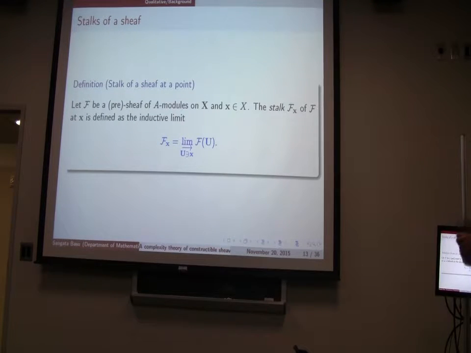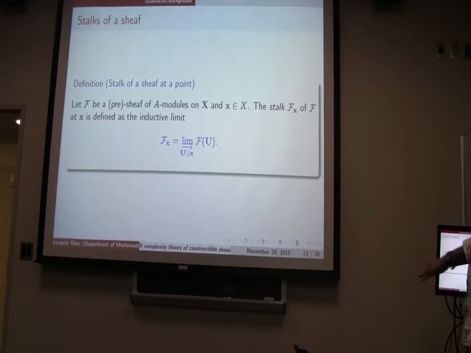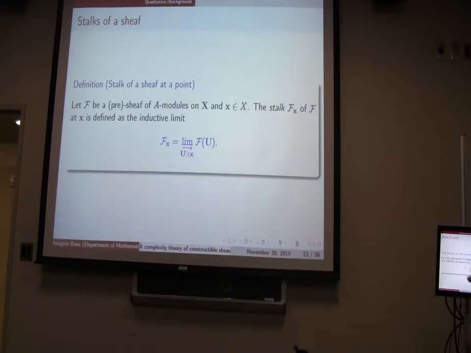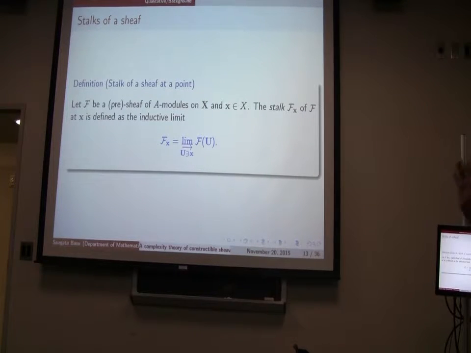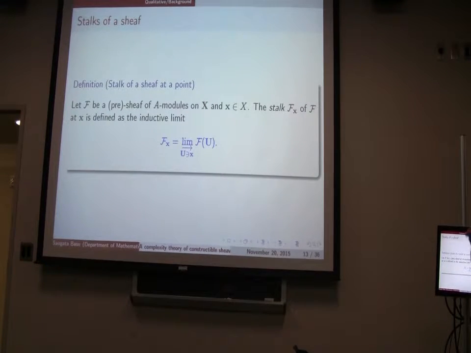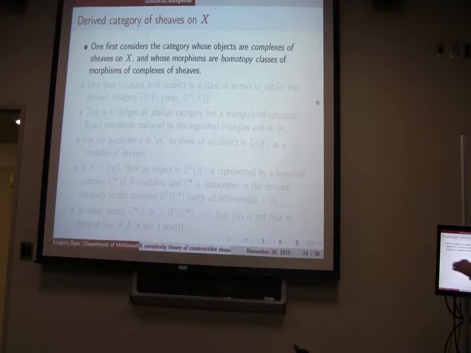So the coefficients are coming from a fixed ring. But in order to make a nice statement, which would be a generalization of Tarski-Seidenberg, one needs to enlarge this category of sheaves. We have to go to the derived category.